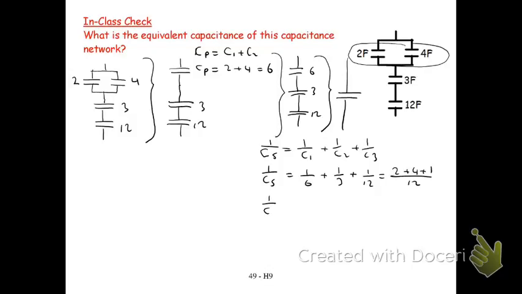So 1 over C series is equal to 8 over 12. So C series is equal to 12 over 8, which equals 1.5 farads. So it's not hard, it's just laborious.